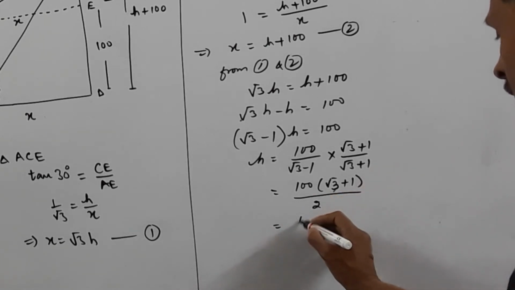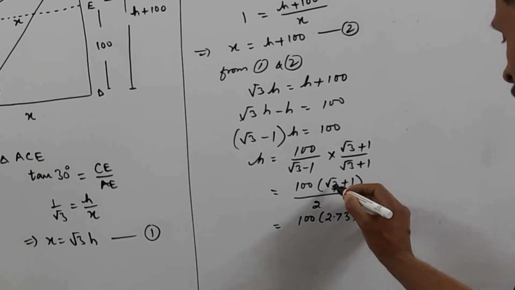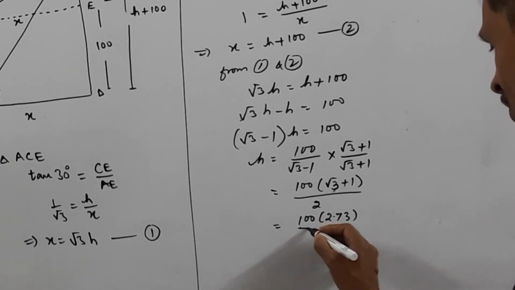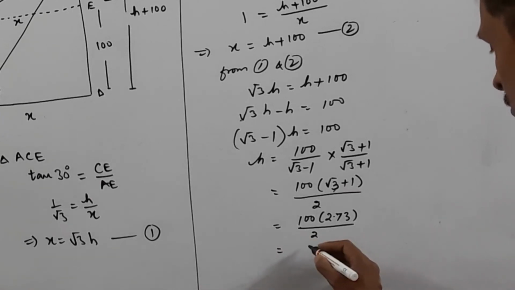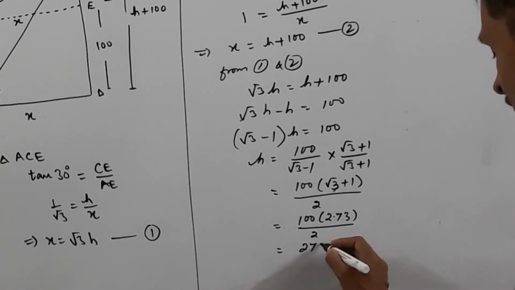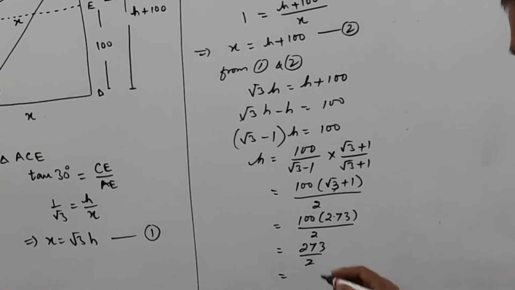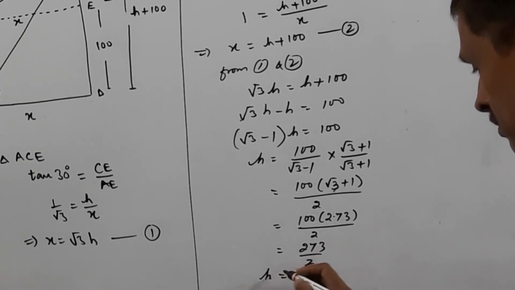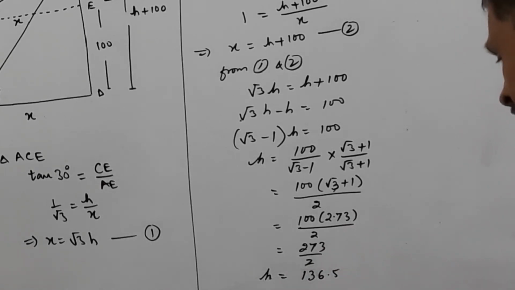This is 100 into 2.73, because 1.73 plus 1 is 2.73, upon 2, and that is 273 upon 2. On cancellation, we get 136.5.